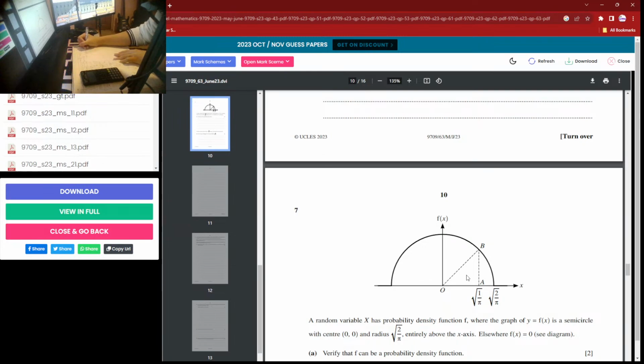Just put tangent 1 over 4 pi is equals to opposite over adjacent, so you move the adjacent over, so root 1 over pi times tan 1 over 4 pi.